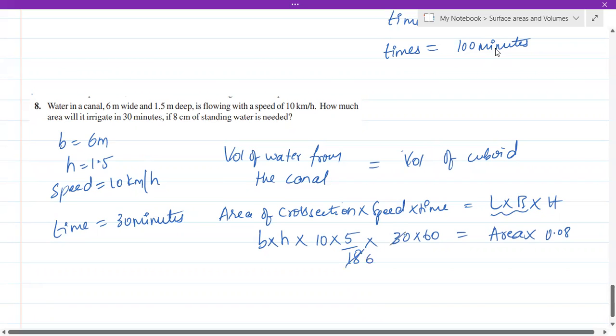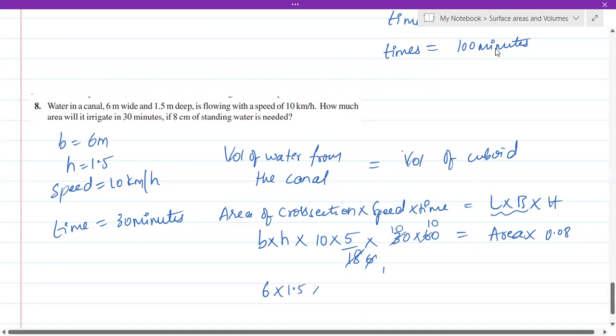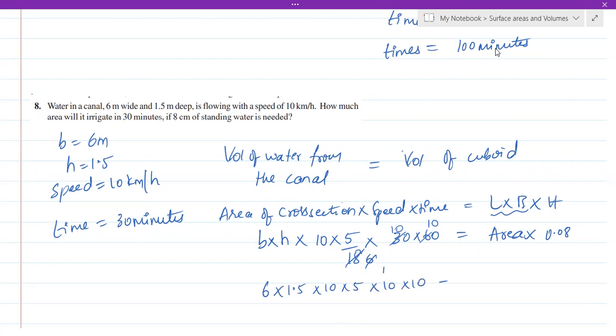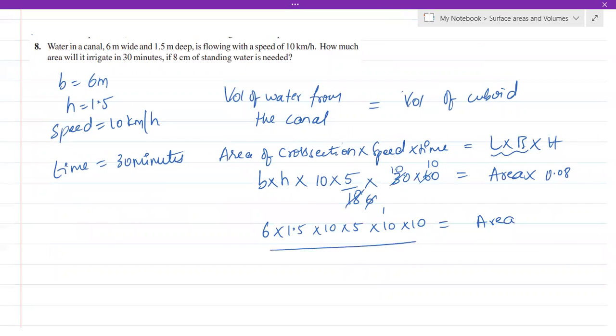3 6s are 18, 3 10s are 30, 6 1s are 6, 6 10s are 60. So B and H values are given as 6 meter and 1.5. So 6 into 1.5 into 10 into 5 into 10 into 10 is equal to area. Let's get the 0.08 to the denominator itself. Okay.